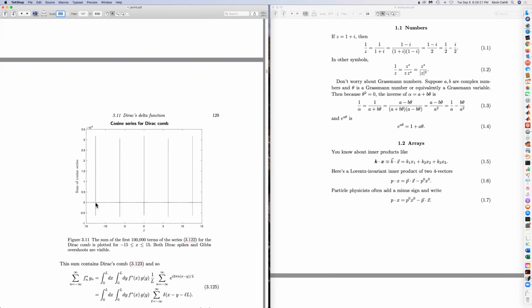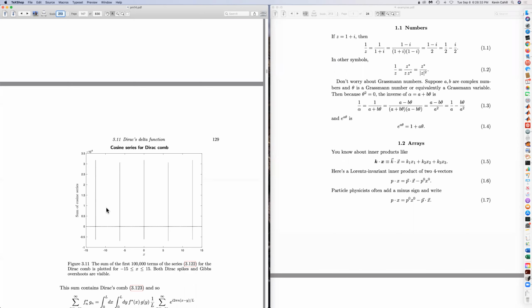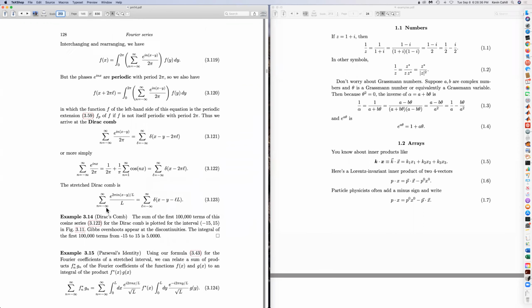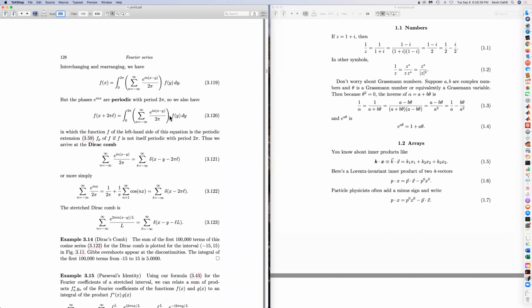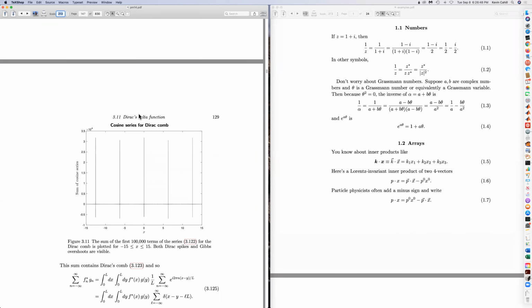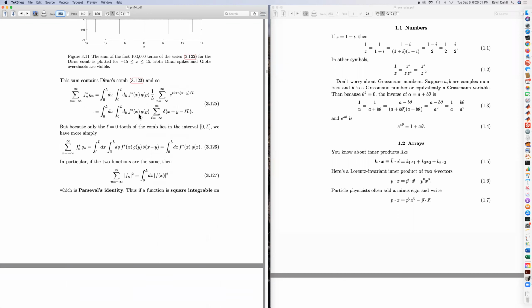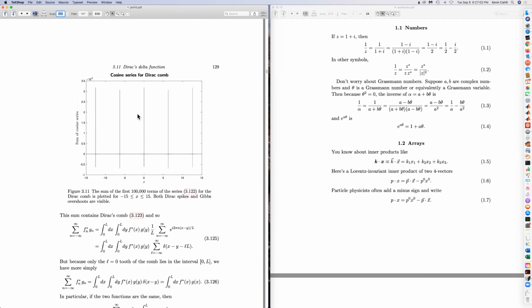These things on the bottom are Gibbs overshoots, but the oscillations are of such high frequency that they don't contribute when you integrate f of y over these Dirac combs. Those high frequency terms don't contribute, and they go away in principle in the limit of infinitely many terms in the sum.